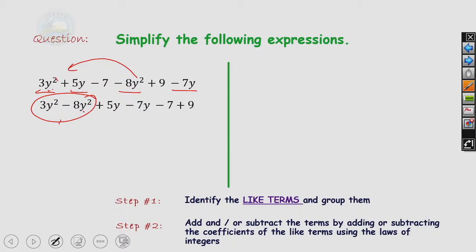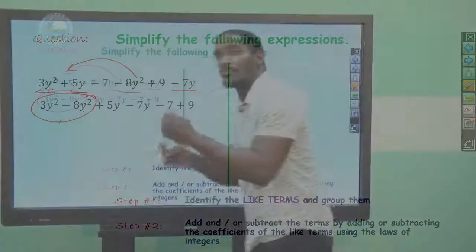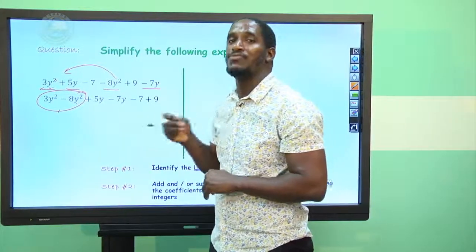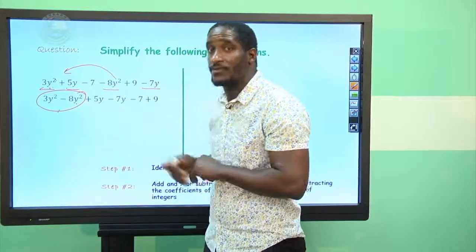So it's going to be 3y squared negative. I am moving it with its sign. So this 5y, which is positive, has to move and make space for the negative 8y squared. Moving it, I need to move it with its sign. So ensure that when we are rearranging our terms in our algebraic expressions, we rearrange them with the signs that are in front of them.